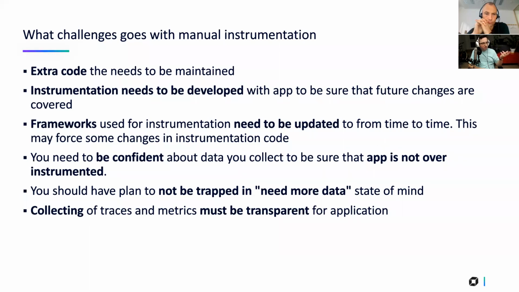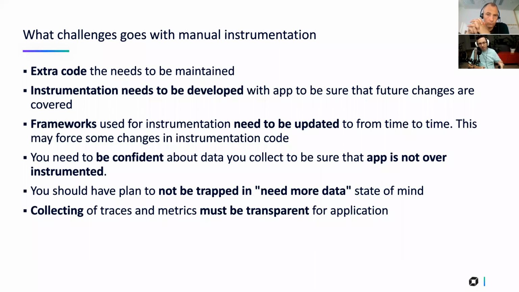Instrumentation needs to be developed with the app. So if you are sure that you've instrumented the points that will cover new functionalities in the future, and you will see them in the traces, you are safe.